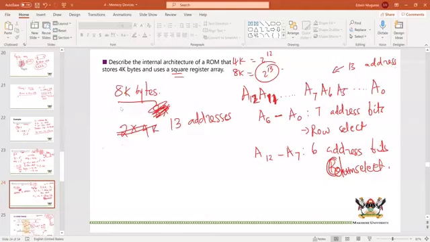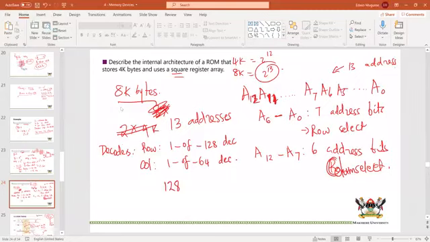Now the decoders: for the row, it will be a 1 of 128 decoder, and for the columns, it will be a 1 of 64 decoder. You can already see that because I have 128 rows, I'm going to have 64 columns.